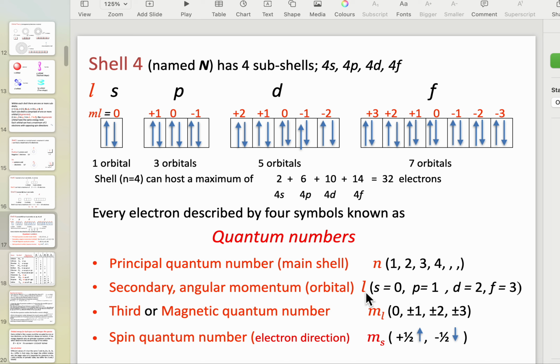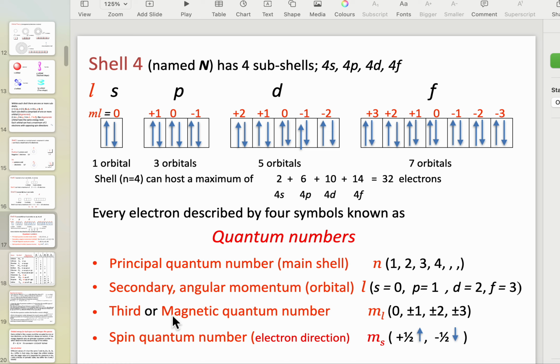If we suppose the electron is in L equals 3, it means the electron is inside the F orbital.